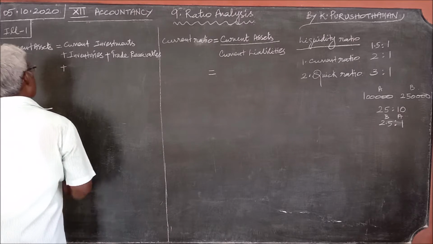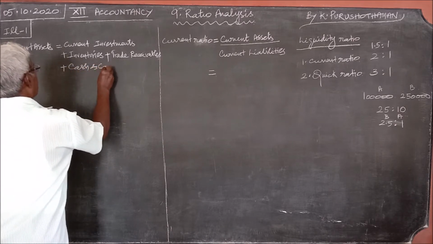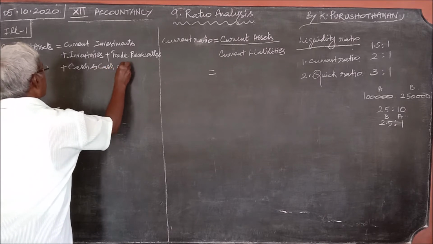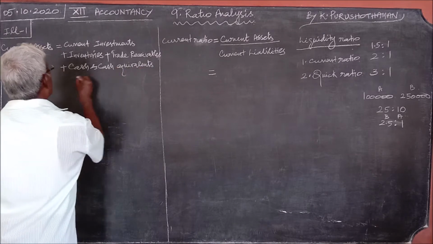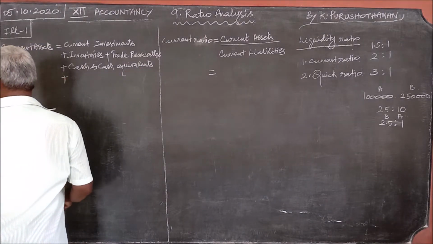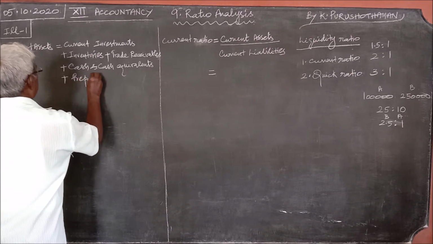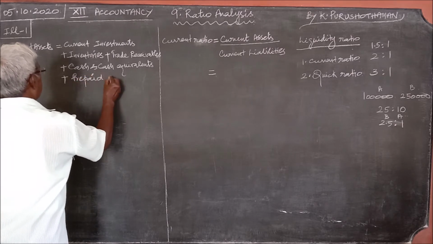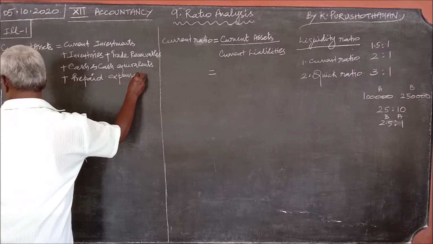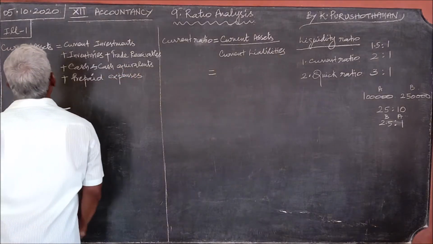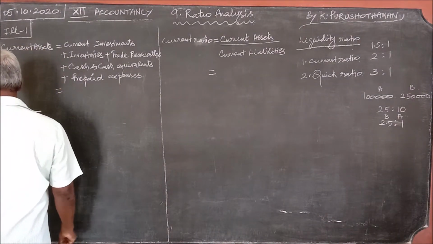Cash and cash equivalents, plus the last current asset, prepaid expenses. Outstanding expense is a liability, whereas the prepaid expense is an asset. Substitute the value for all these five items.